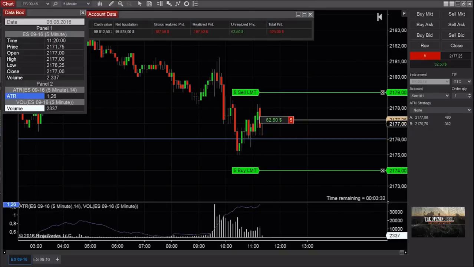Because we have a little bit of an improved entry, we obviously don't want to make all the profit target, which would be around 3 times the ATR of the first few bars of the session. So the first few bars session ATR, I have to estimate now, but I think it was around 0.9 or 0.8 times 3, that would be around 2.5 points. So my target is also that we break out of this range here for 2.5 points.